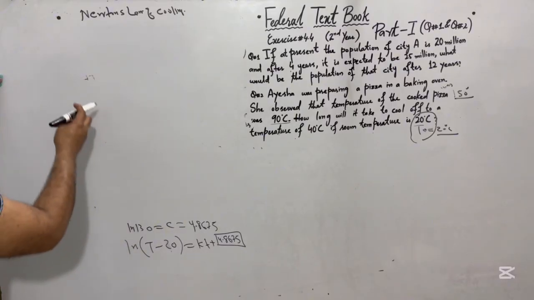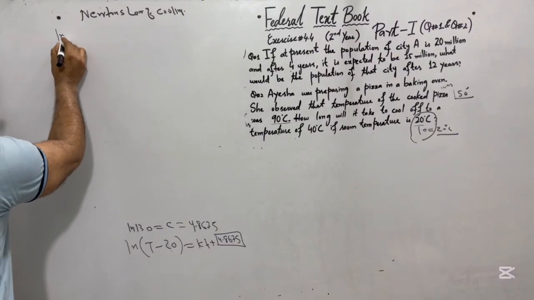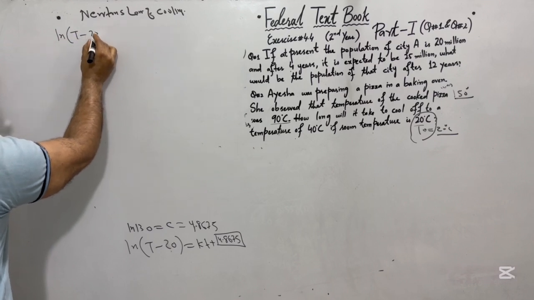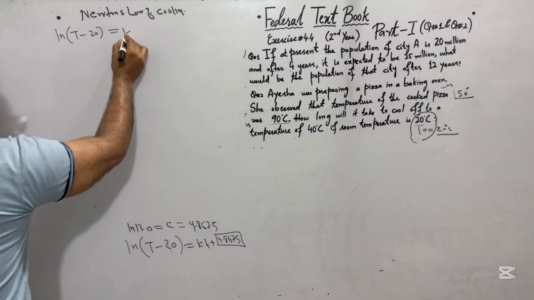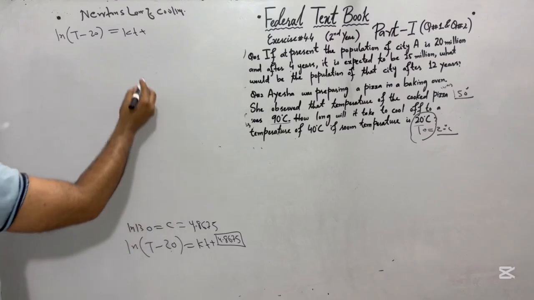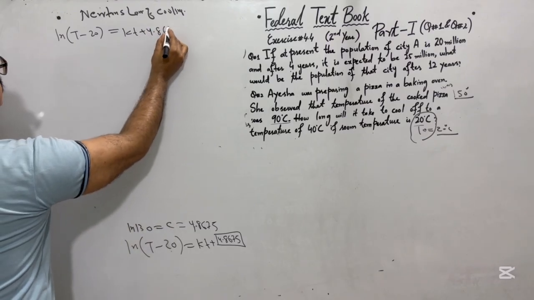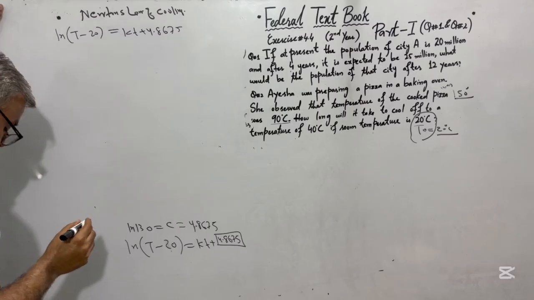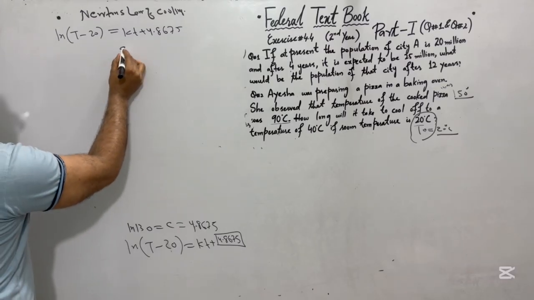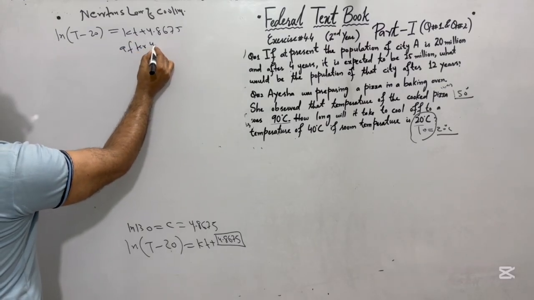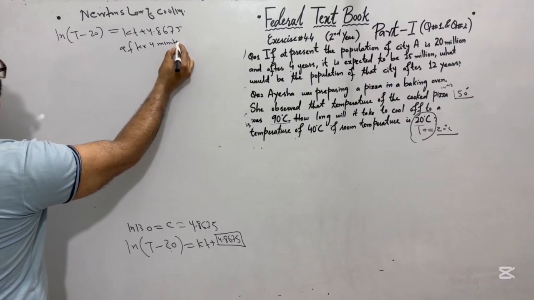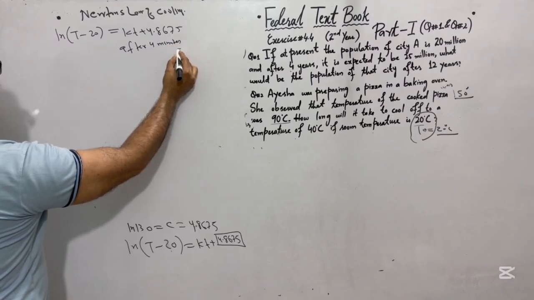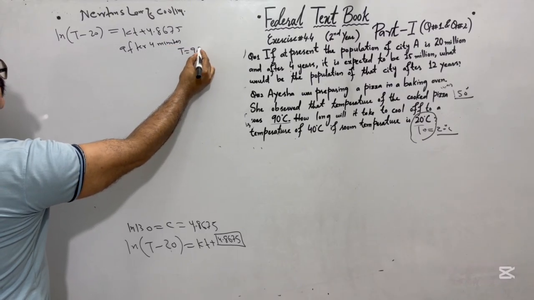Okay, here I have ln of T minus 20 equals Kt plus C. We have determined the value of C, that's 4.8675. Now after 4 minutes, the temperature of the pizza was noted to be 90 degrees Celsius.